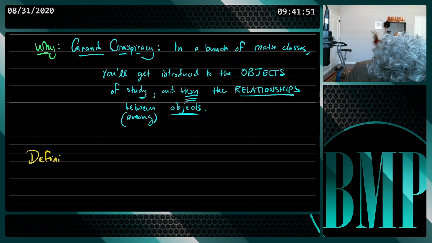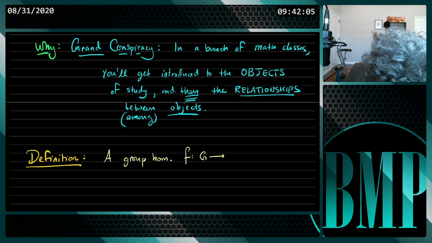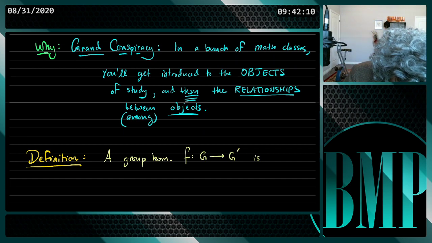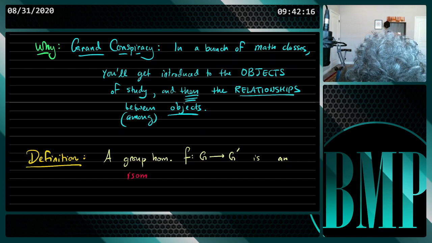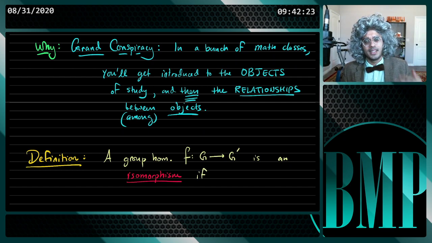Definition. A homomorphism is an isomorphism if it is bijective.